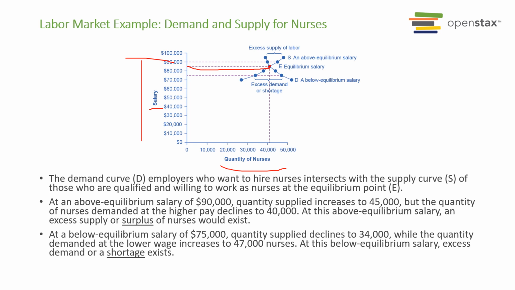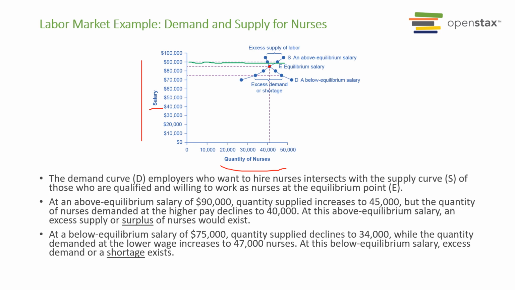However, let's suppose the wage is not $85,000 but is set at $90,000. At $90,000, we're above our equilibrium, and from the previous chapter, whenever the price is too high, we expect to see a surplus in the market.